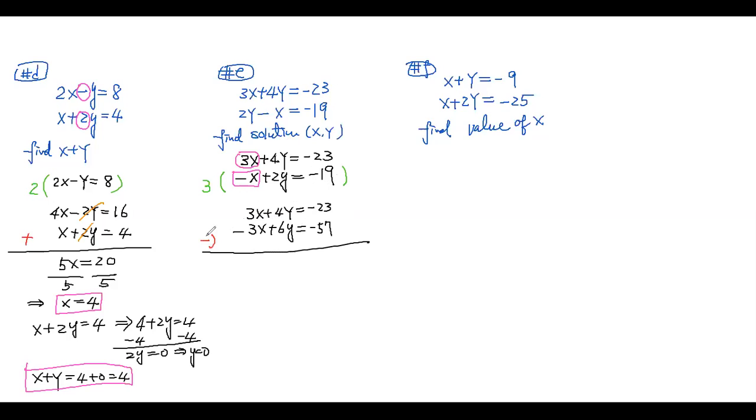The reason why, like I mentioned several times, I like elimination is because I add, so the chance to make a mistake is small. Okay, so now the 3x cancels, right? So this will be 10y. Okay, so negative 23 plus negative 57 will give you what? Negative 80, correct? Okay, so now you divide by 10, divided by 10.